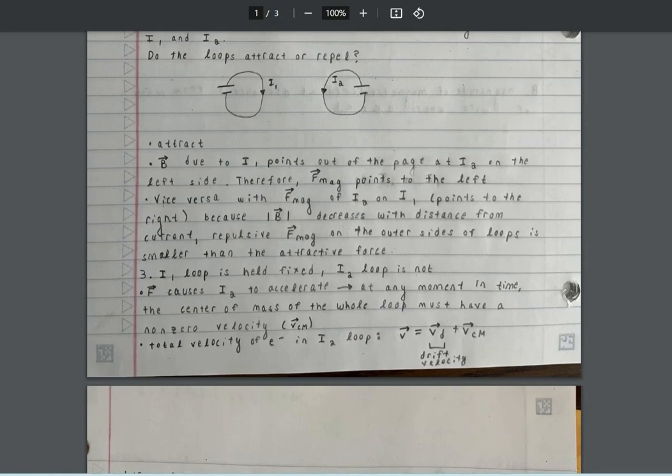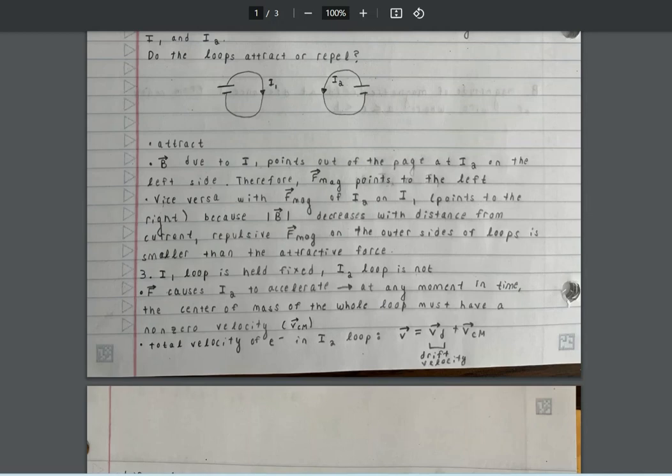And this is because the magnitude of the magnetic field decreases with distance from current. Repulsive F mag on the outer sides of the loops is smaller than the attractive force. So the attractive force is greater.